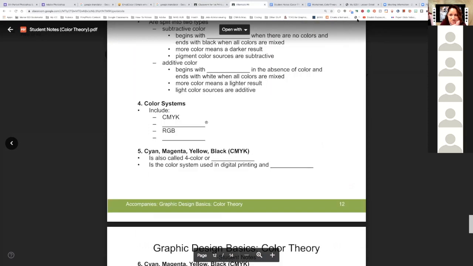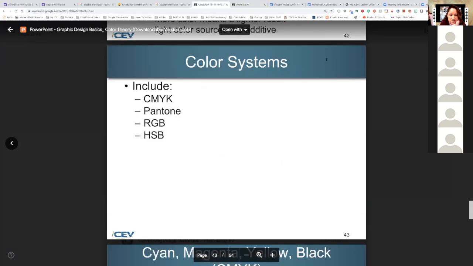Color systems, going back to those gamuts, these are the 4: CMYK, Pantone, RGB, HSB. CMYK are 4 colors, just like RGB is red, green, blue.